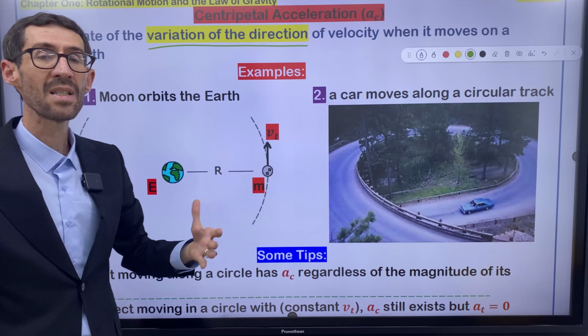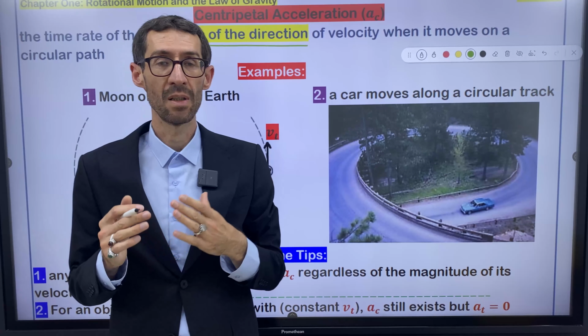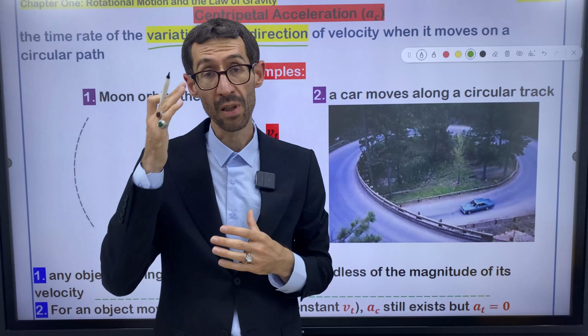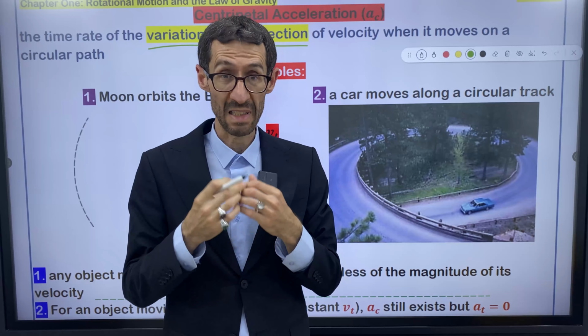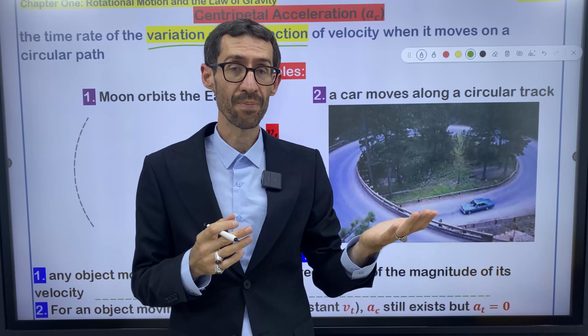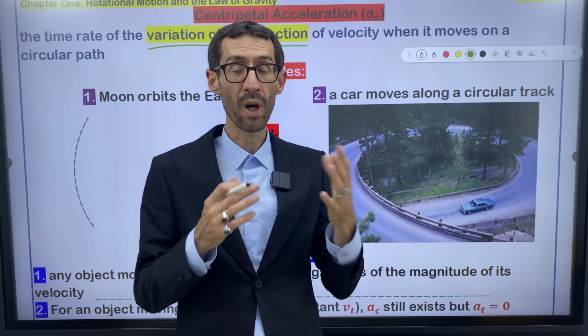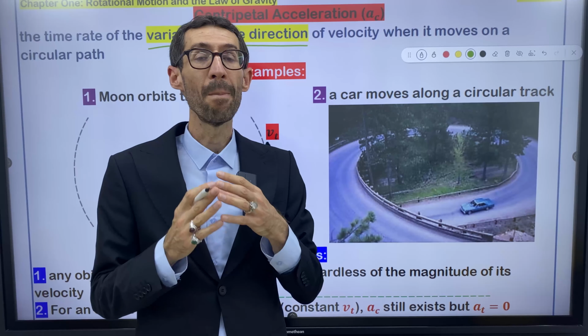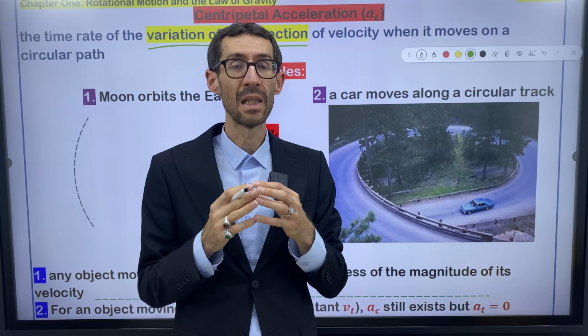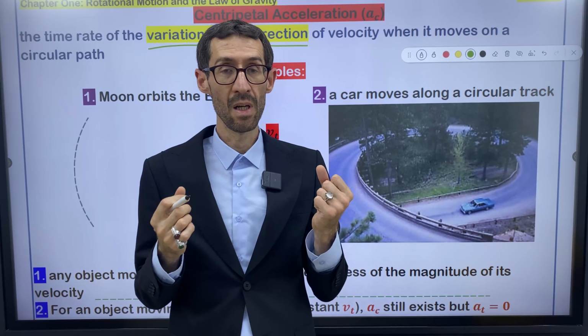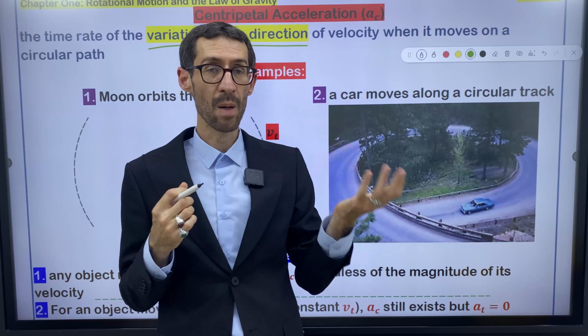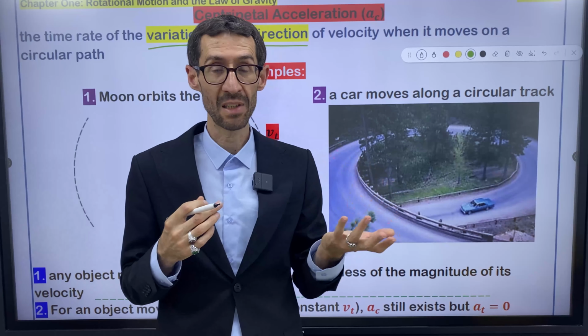What does it mean? It means whenever the object moves around the circle, it picks up this type of acceleration, whether the magnitude of velocity changes or not. What do I mean by magnitude of velocity? Magnitude of velocity means speed. Whether the object speeds up or slows down, it doesn't matter.